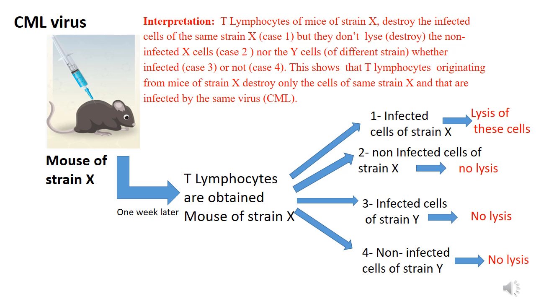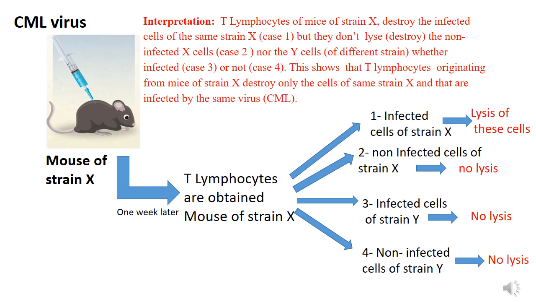If you look at experiments 1 and 2, you see that in both cultures, the cells belong to strain X. So this is the constant factor. But those of culture 1 are infected and those of culture 2 are not infected. So here the variable factor is the infection with LCM virus.